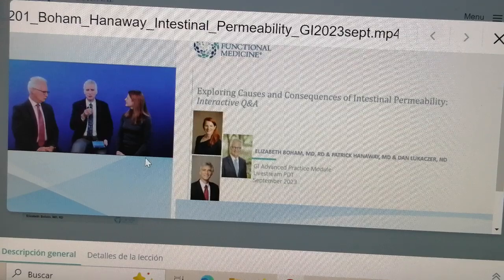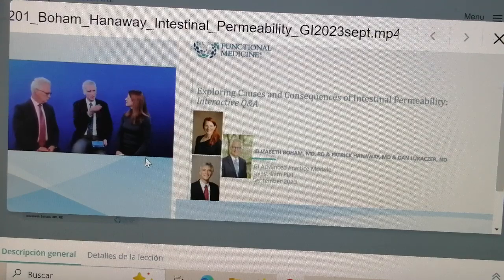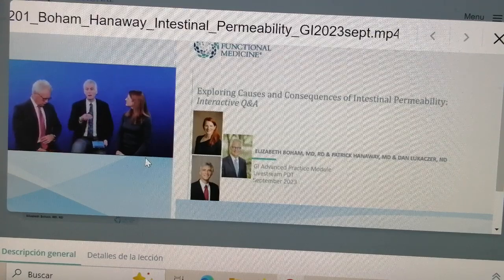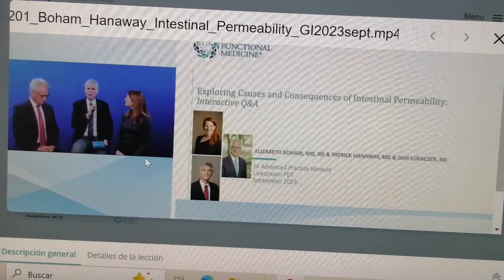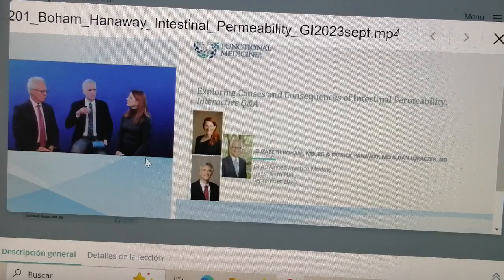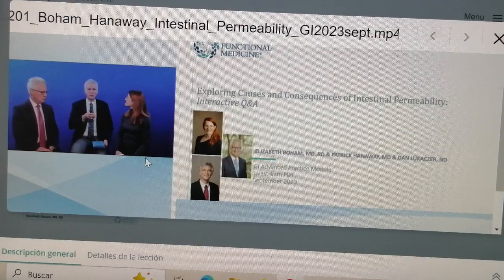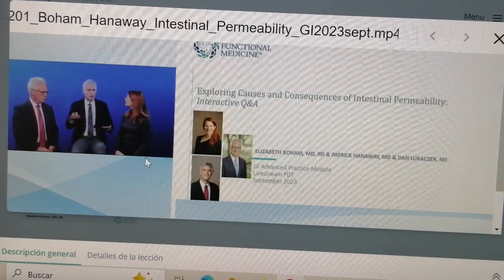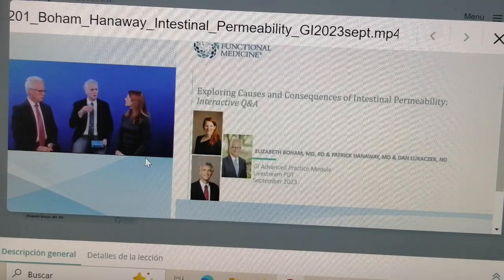We did a very quick search of that, and it's interesting what we saw: there is an association between individuals who have intestinal permeability and doing worse with long COVID symptomatology and actually also mortality. So have you obviously seen patients with long COVID? Have you done any testing with intestinal permeability? What are your thoughts on that?